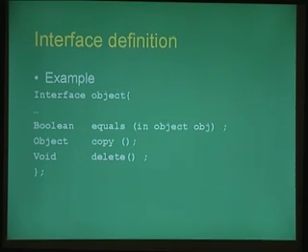The interface here does not show type declarations, however, it shows the operation declarations, like an operation called equals, which takes in an object of type object and returns true or false, a method called copy, a method called delete, and so on.